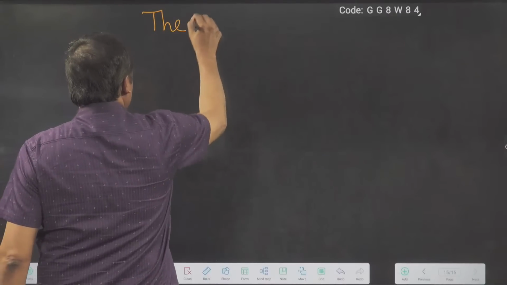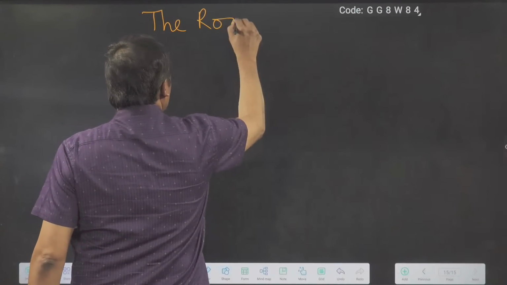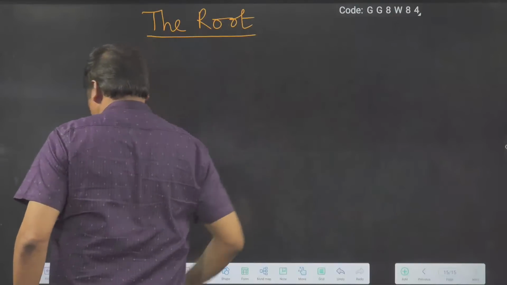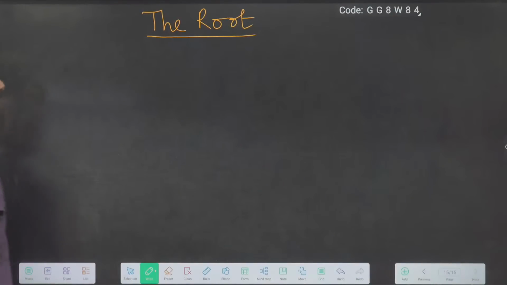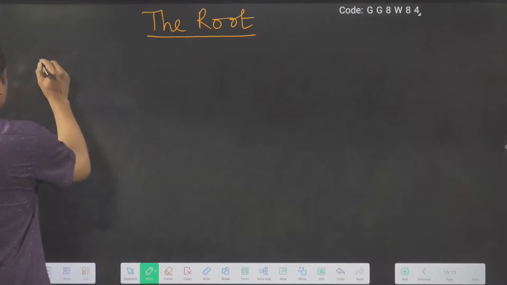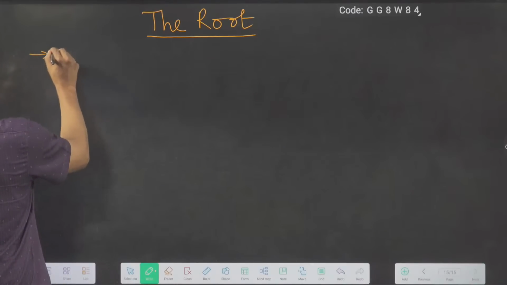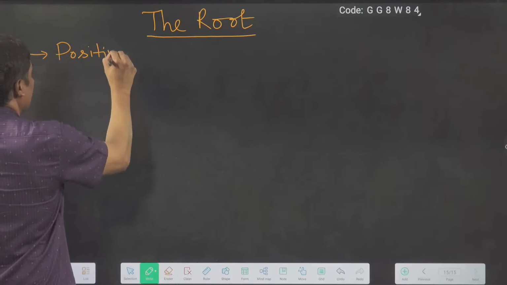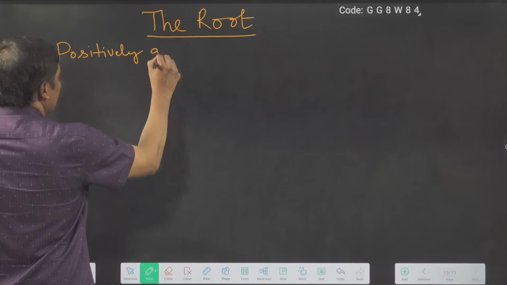The root. The root is positively geotropic.